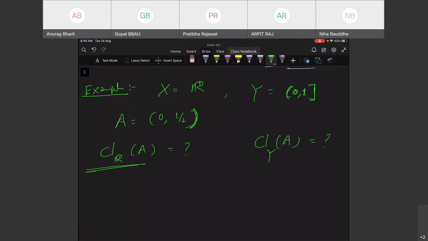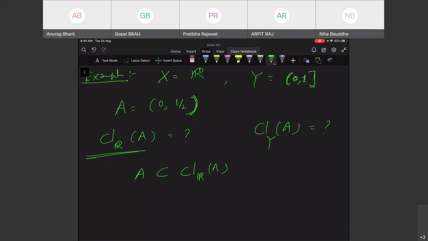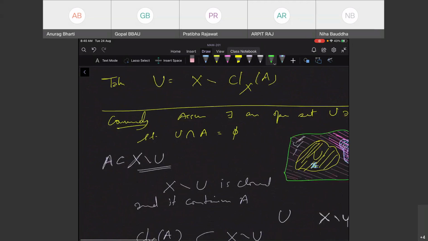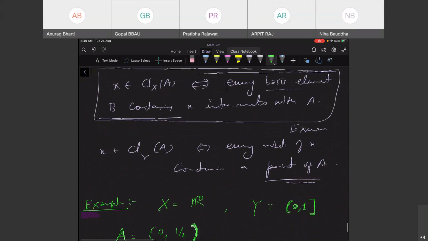Suppose we take any point inside A. We know A is a subset of its closure, so every point of A is in the closure, nothing to worry about. What about other points, say 0?